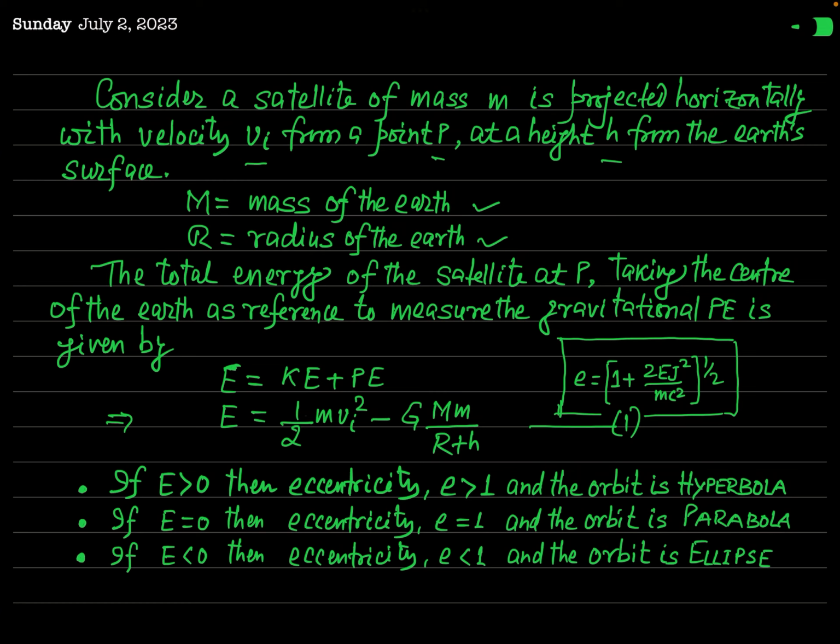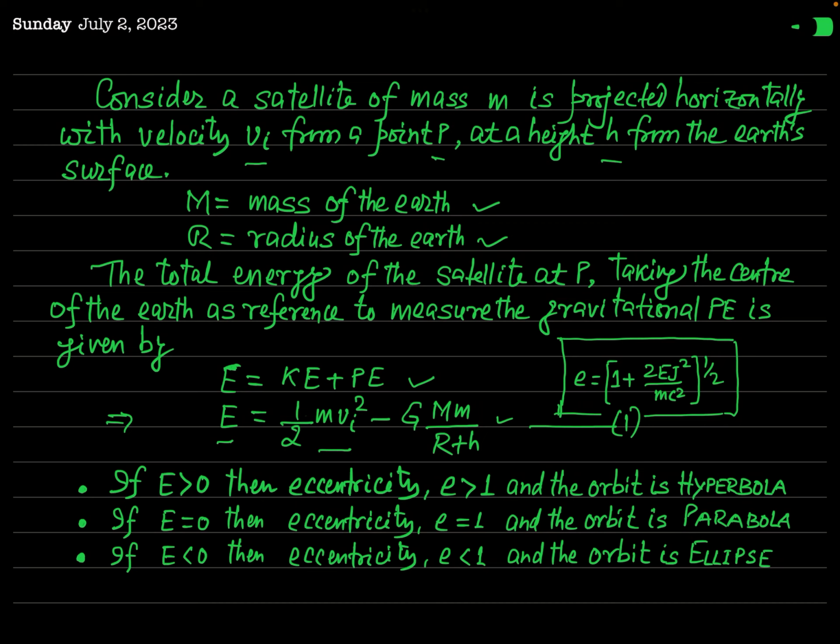Then the total energy E of the satellite at point P, taking the center of the earth as the reference to measure gravitational potential energy, is the sum of kinetic and potential energy: kinetic energy is half m v_i squared, and gravitational potential energy is minus GMm divided by R plus h. This is the expression for the total energy of the satellite at the point of projection.